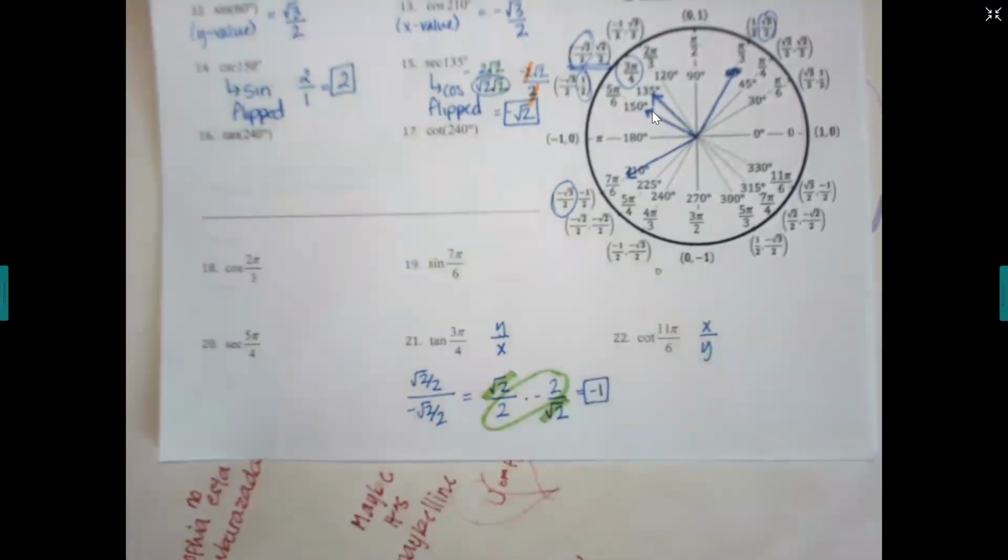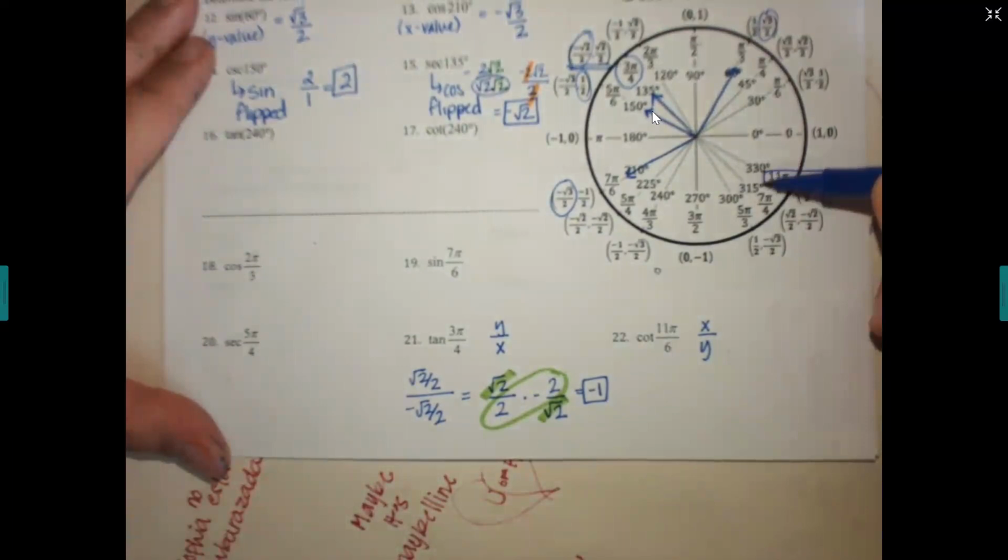Okay. Very similar for 22. The big difference, like I said, is that if it's tan, it's y over x. Cotan is x over y. So I see that my x here at 11 pi over 6 is way down here.